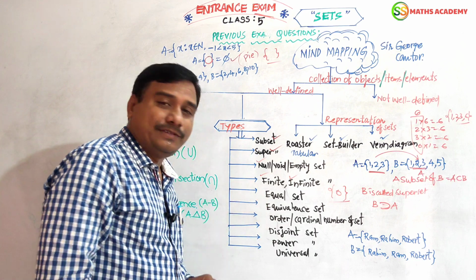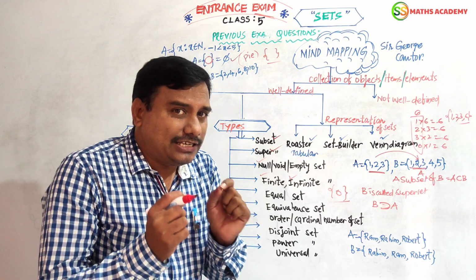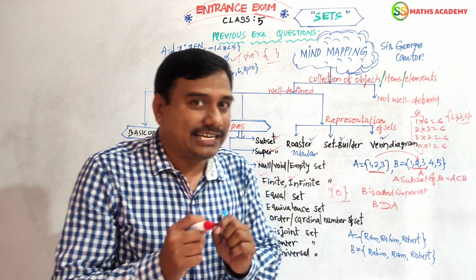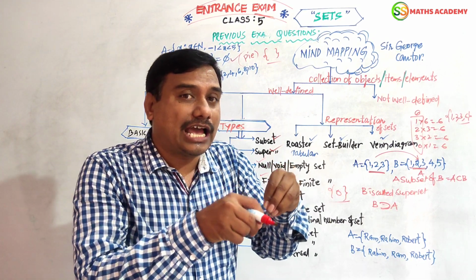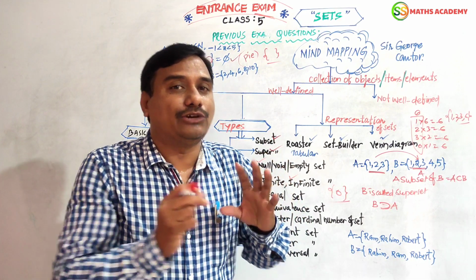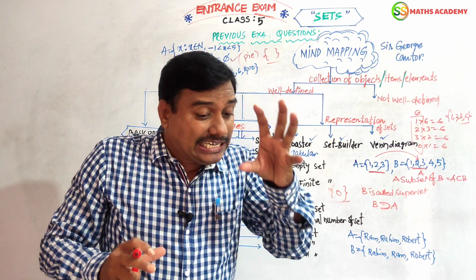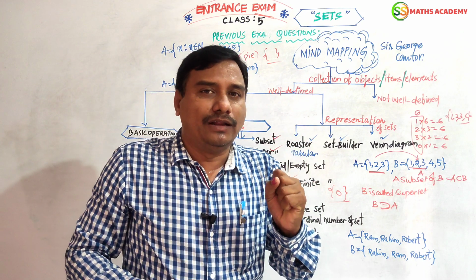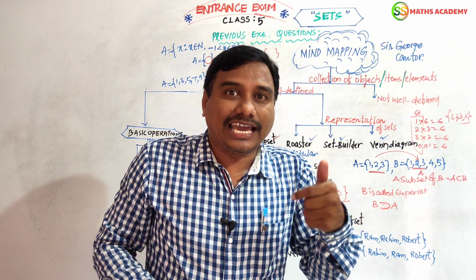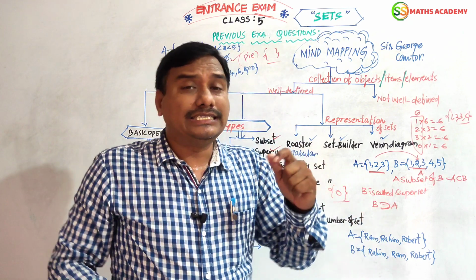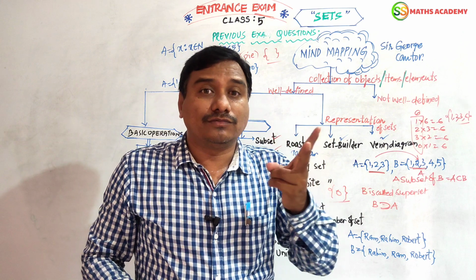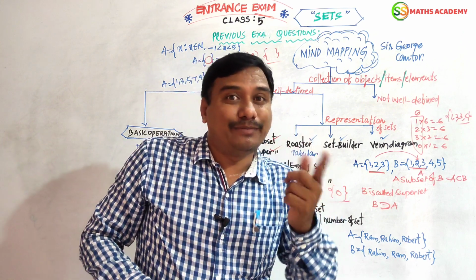Next, equal sets. Two sets are said to be equal sets if they have exactly equal elements. Exactly equal. For example, A has 1, 2, 3 and B has 2, 3, 1. The number of elements is also the same.